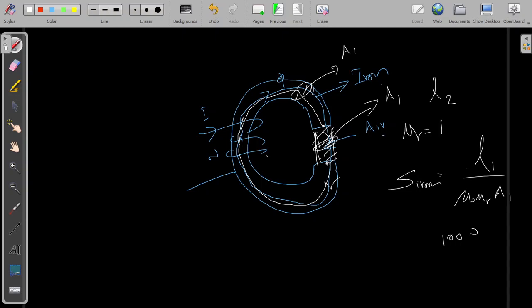The reluctance offered by the air we can name S air. So this S iron and S air are in series, like this. This is S iron and this is S air.